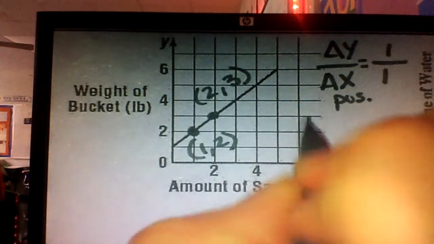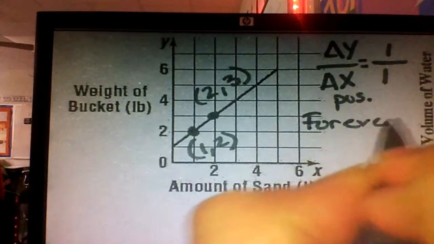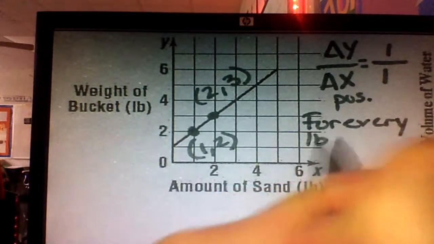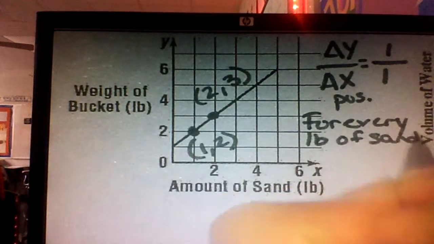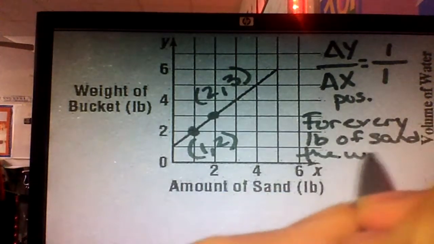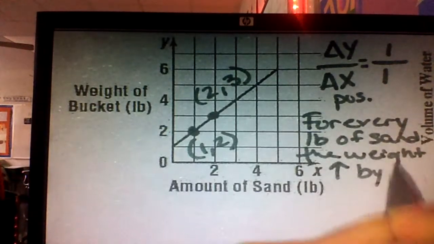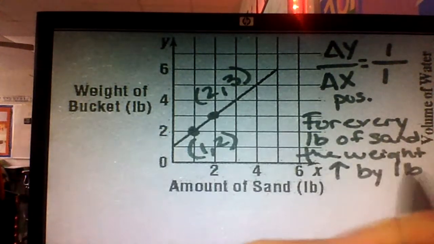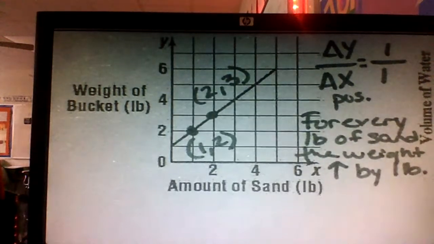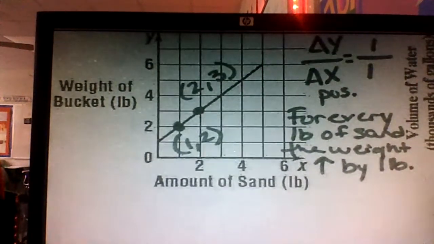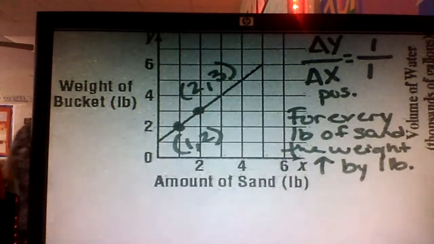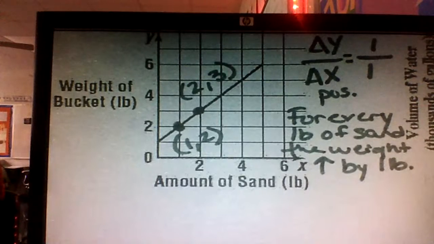Okay, so for every pound of sand, the weight increases by 1 pound. I started the shorthand with an up arrow instead of increases. So for every pound of sand that you put in the bucket, the weight of the bucket increases by 1 pound.